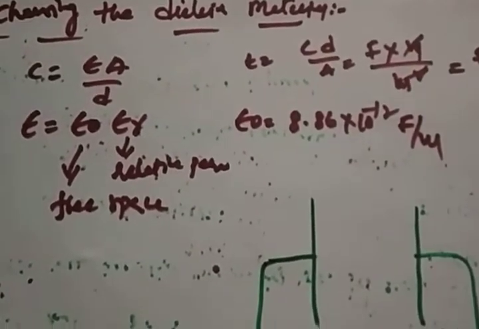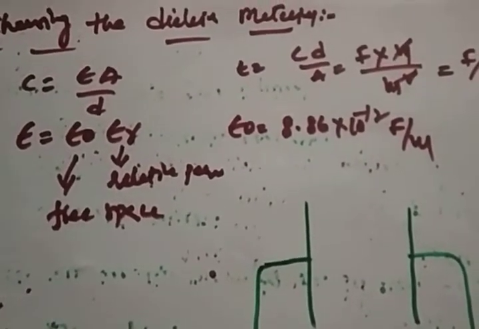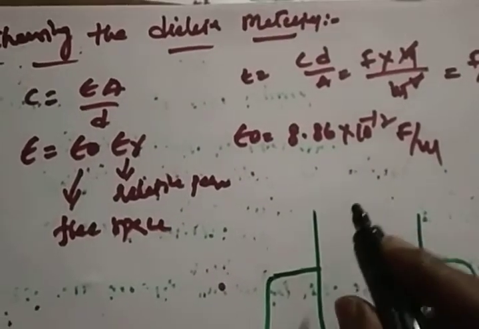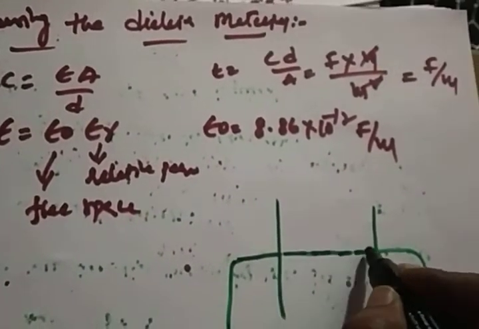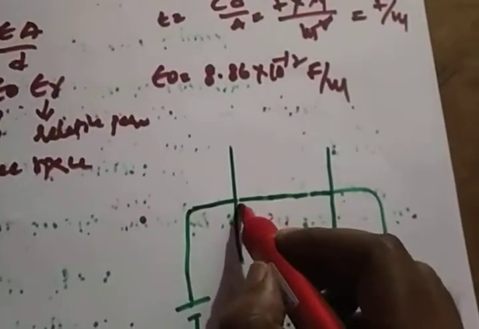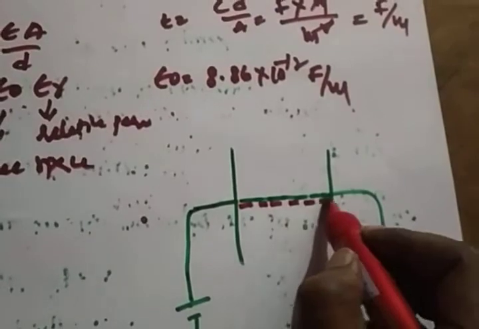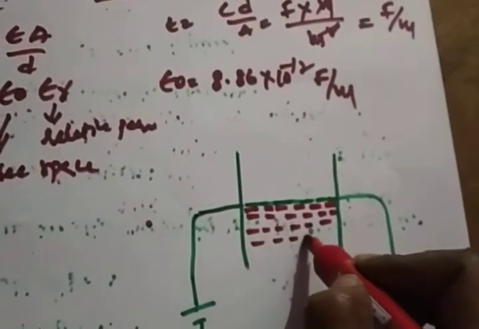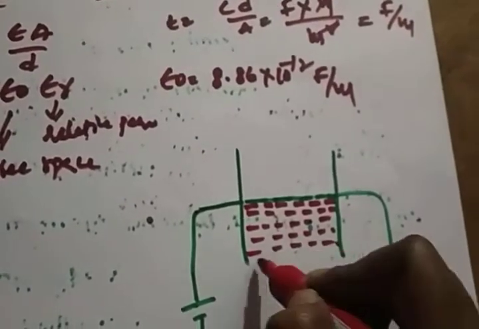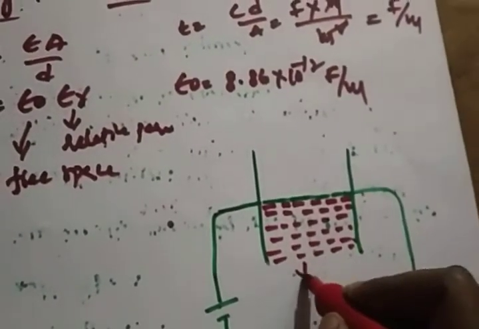These are the two parallel plates. On half of the plate, I can put some liquid, one form of dielectric material. So I can use a liquid.